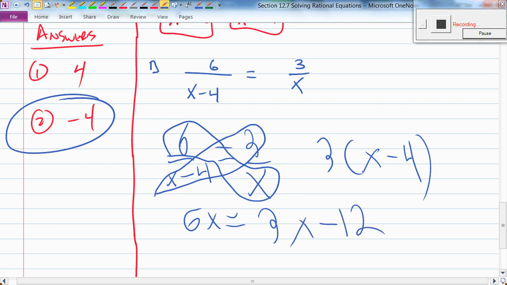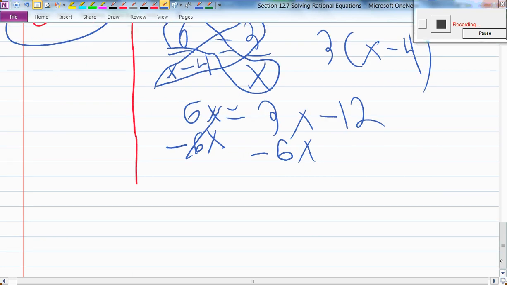So then what I did is I subtracted 6x from 3x. It came out as 0 equals negative 3x minus 12.